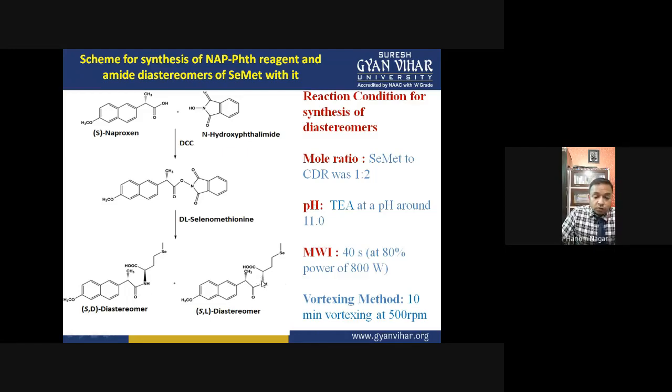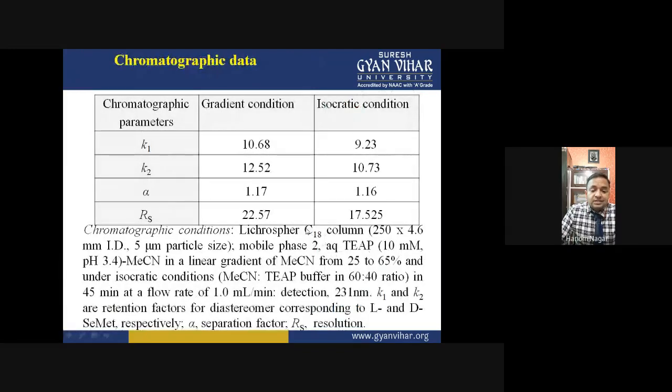And those diastereomers which have more hydrophobicity will interact for more time in the reverse phase HPLC column, because the reverse phase HPLC column contains a more hydrophobic stationary phase. Here you can see that there is a C18 column.